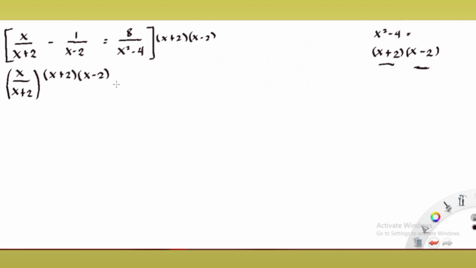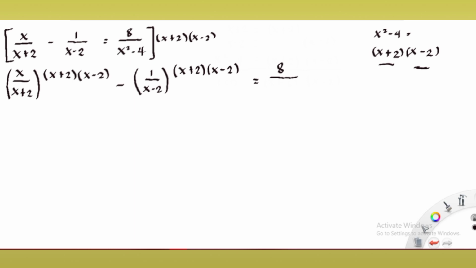Okay? So, medyo malawak ang space na kailangan natin. Minus the second term. The second term is 1 over x minus 2 times the LCD, the product of x plus 2 and x minus 2, equals, copy, 8 over x squared minus 4.